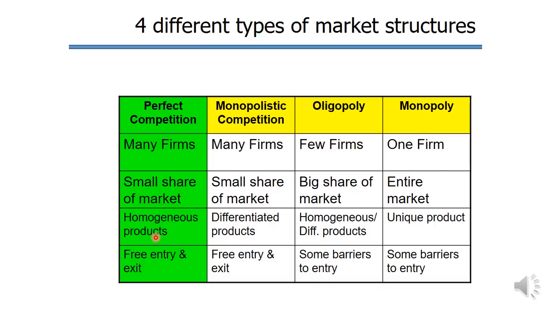And whether they can enter or leave the market freely on their own, or are there barriers? So these are the general characteristics, the way that we will classify different market structures. Of course, there are other unique features as well of different market structures. We'll come to that shortly. But usually we categorize market structures by these few characteristics.